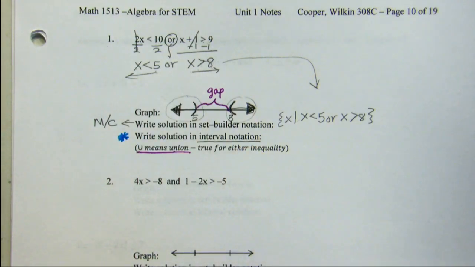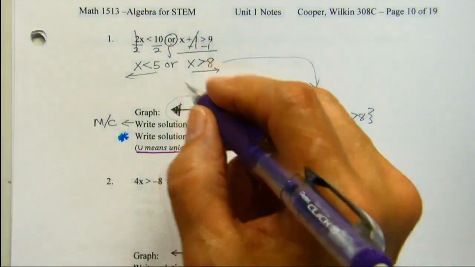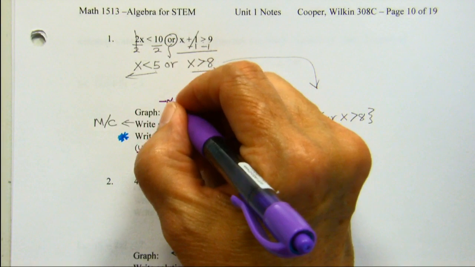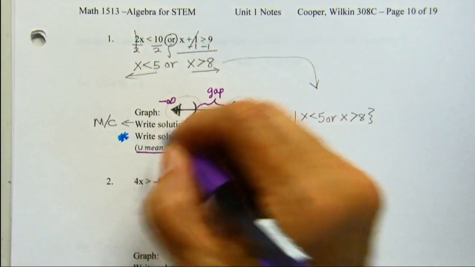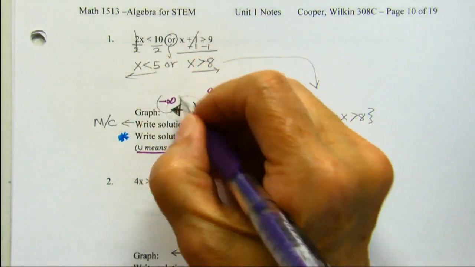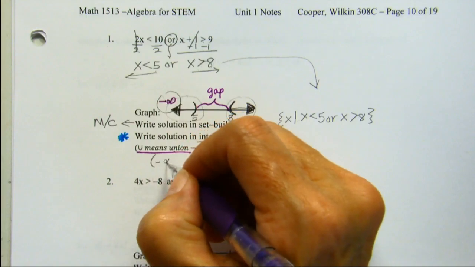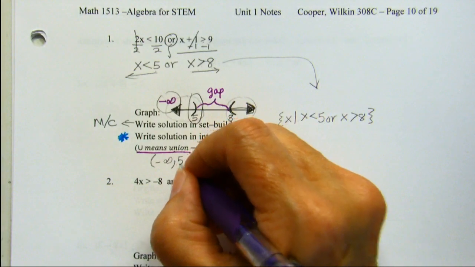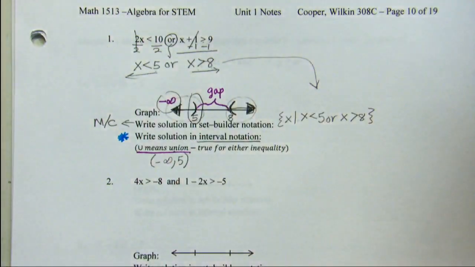So when we do our interval notation, I'm going to do my left-hand one. That's going to negative infinity. So I have my negative infinity, comma, and then it stops at the number 5. It had a parenthesis.